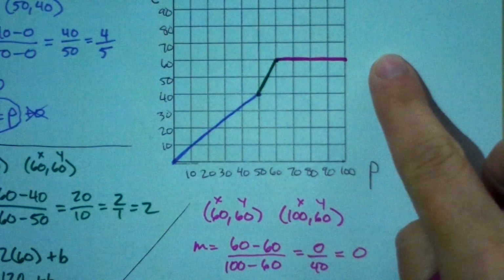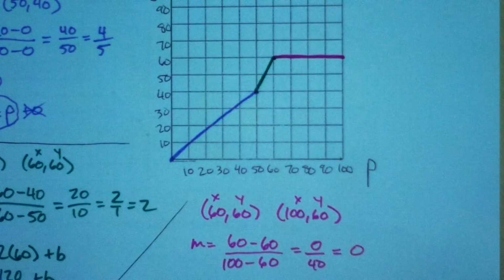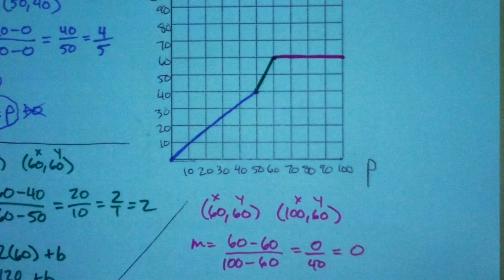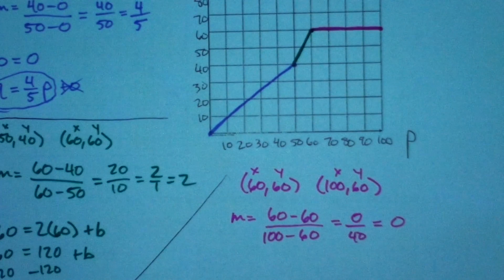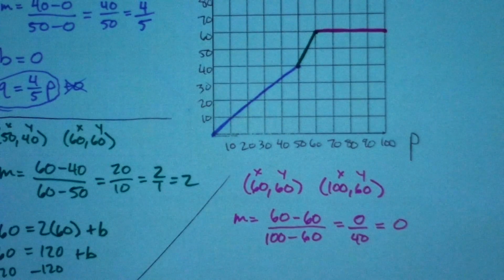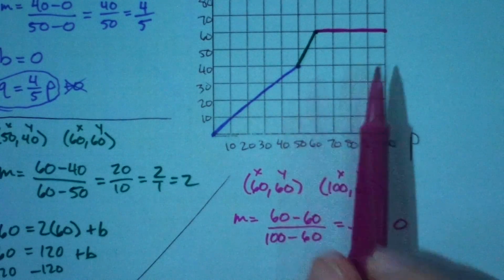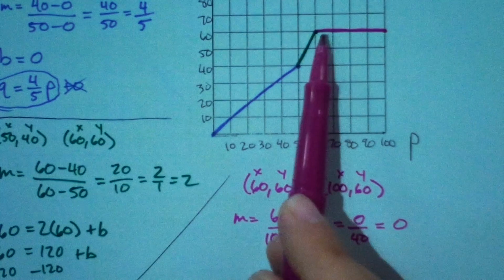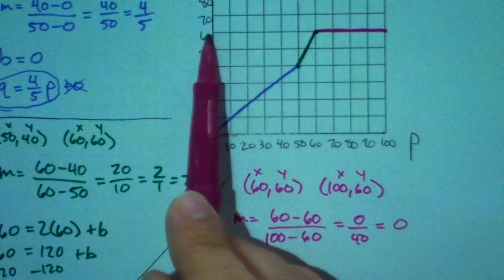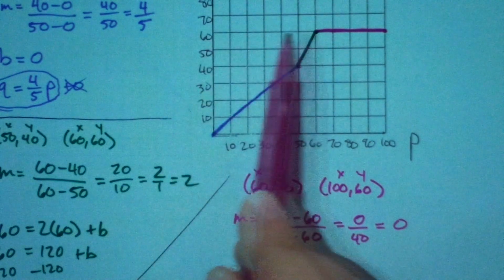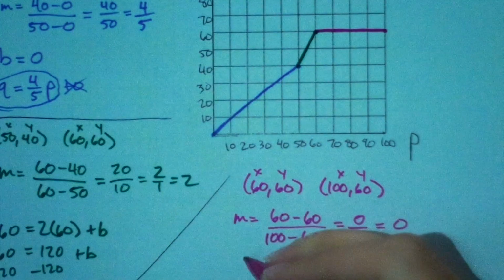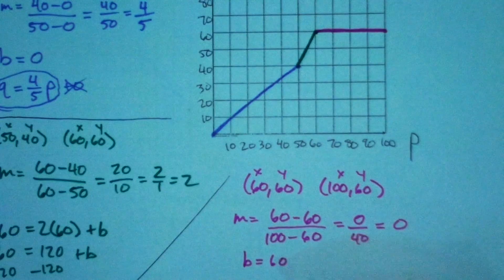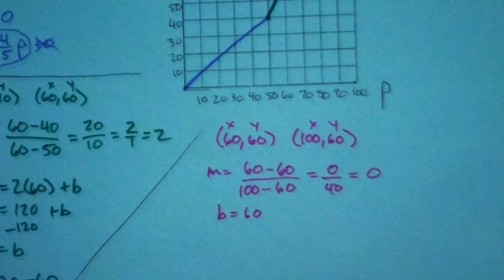Second color then, I'm going to do the same thing. So this time my equation is 2p minus 60. So again, the q equals is already out front, but I'm going to put that 2p minus 60 in there. That's my second equation. And then this is going to work for, and if we go back up to our graph here, what chunk of the graph, so domain-wise again, from what to what is this going to work for? 50 to 60.